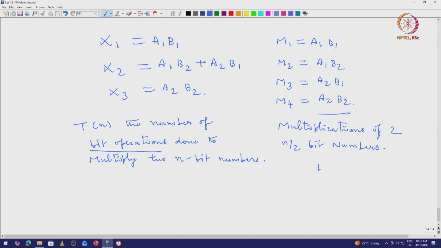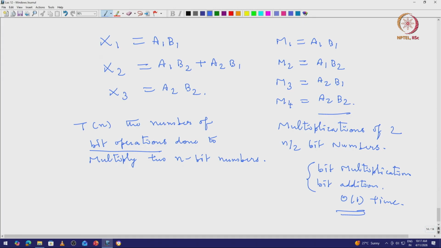That is because bit multiplication, bit addition, all of them are going to take order one time. They are all constant operations. Multiplying 2 bits, adding 2 bits, all of them are one operation. Therefore, the total number of bit operations.